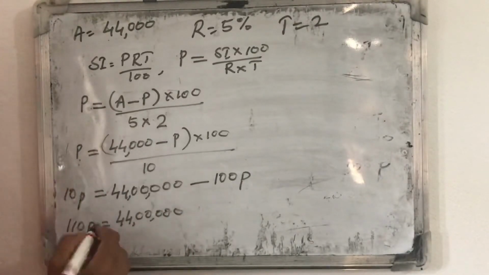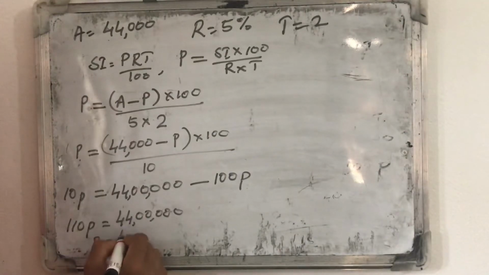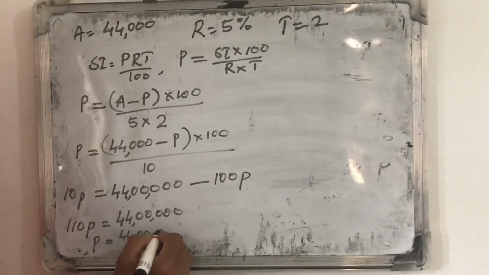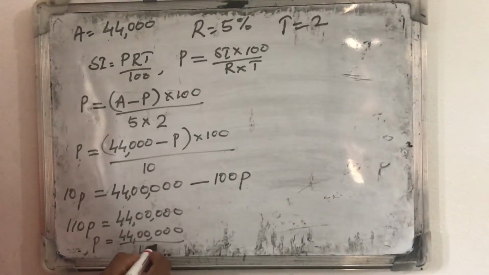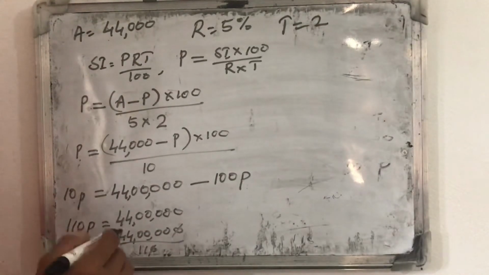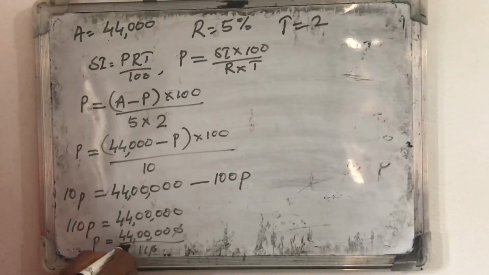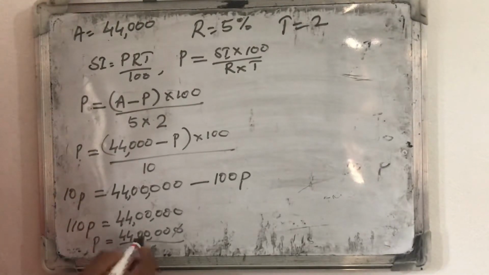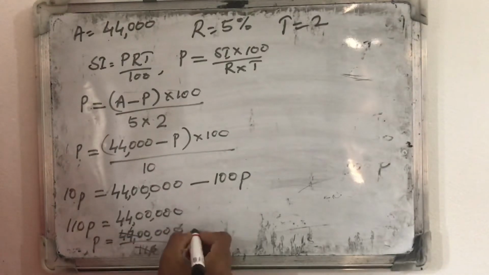So what will be P? Therefore P equal 44 lakhs divided by 110. Okay, so last zeros we can cancel. Then 11 by 11 we can divide. How many? 11 in 44, 4. Then how many zeros? 1, 2, 3, 4.